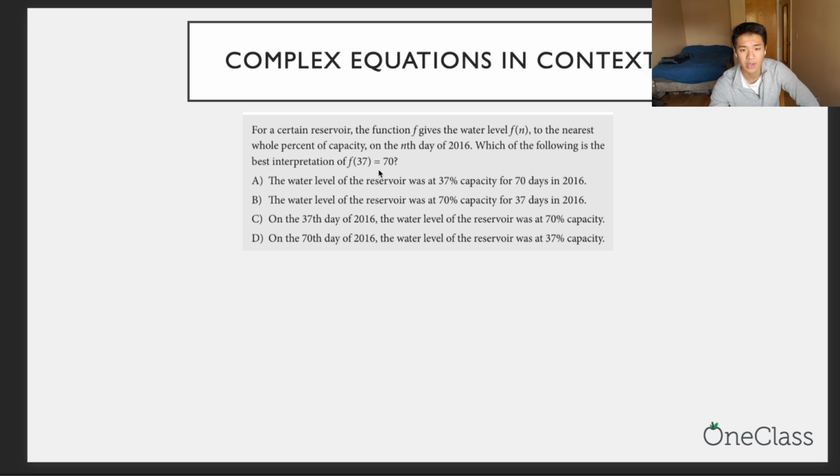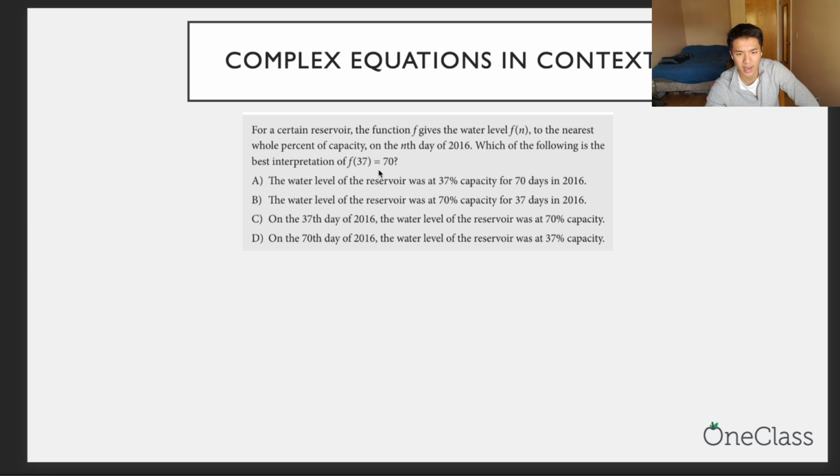So let's interpret it. In this situation, we know that n is equal to 37 and f of n is equal to 70. So what does n represent? The question says the nth day of 2016. So if n equals 37, then this is the 37th day of 2016. The other piece of information is that f of n is equal to 70. What does f of n represent?